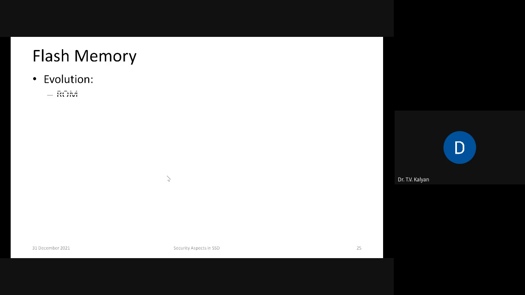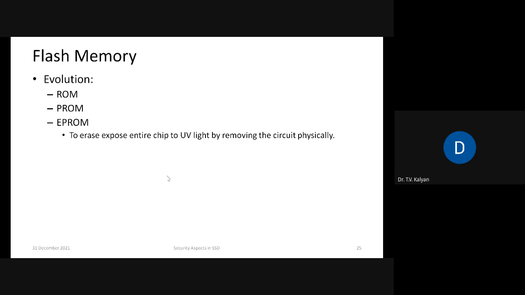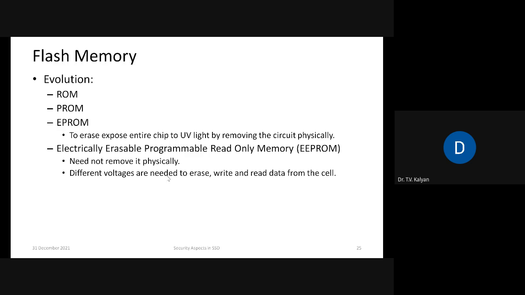So again, a quick walk through memory lane. It all started with the read-only memory, which got extended to programmable read-only memory, and then erasable programmable read-only memory. Following that, we have EEPROM, which is electrically erasable programmable read-only memory.